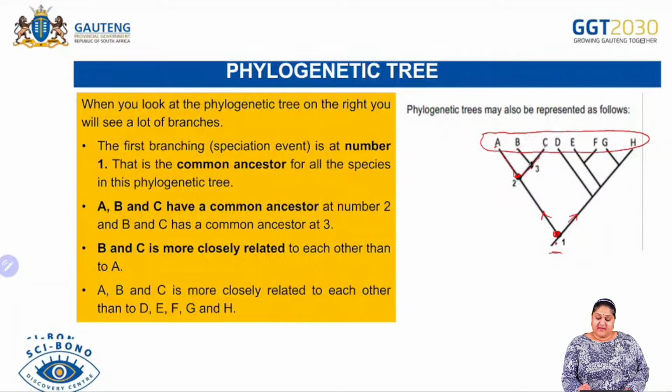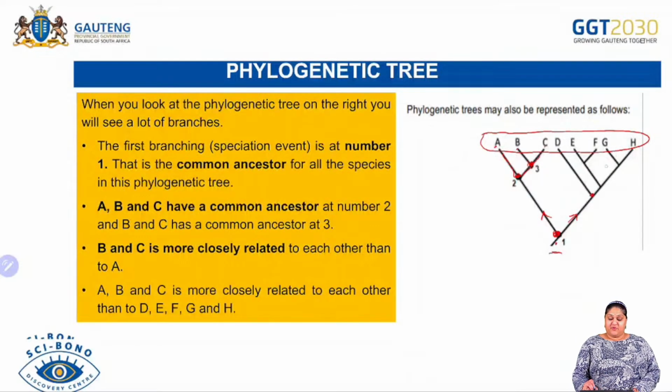Then we have another branch which came about after 2, which is at point number 3. And that point is the common ancestor of B and C. So we can apply the same thing to this other line over here.